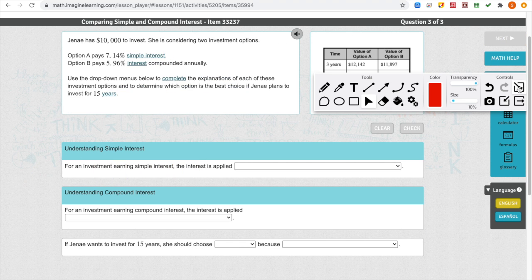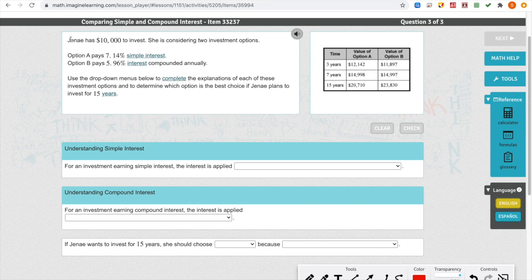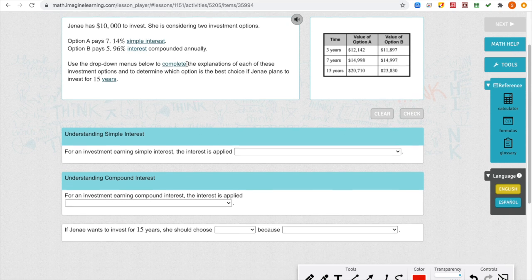So now we're going to go to question 3. It's the same person using the same rates. Janae has $10,000 to invest, and she is considering 2 investment options. Option A pays 7.14% simple interest, and option B pays 5.96% interest compounded annually.